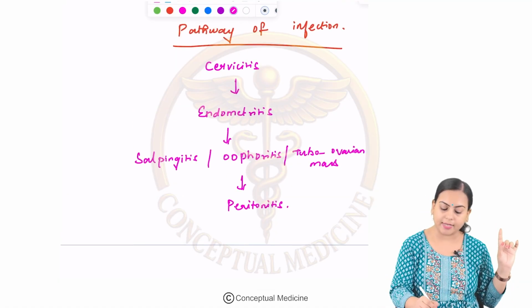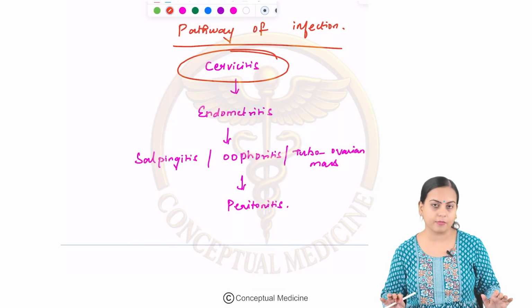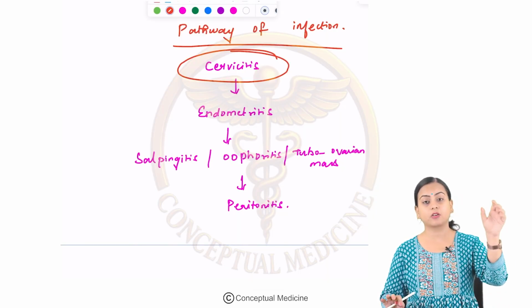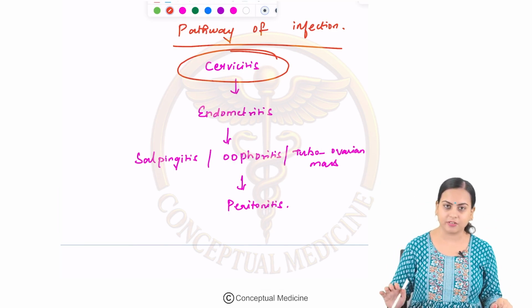Okay. But as I told you, cervicitis is not going to be included in pelvic inflammatory disease, but as such it can be a root of pelvic inflammatory disease, right?